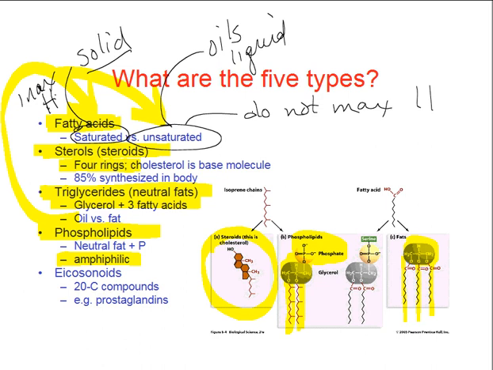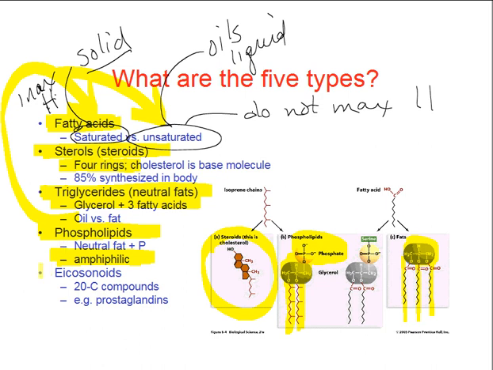Any molecule that contains both properties is called an amphiphilic molecule. Amphi means both. Think of an amphibian, an organism that can exist both in water and on land. Amphiphilic means both loving. It loves water, it loves fat.